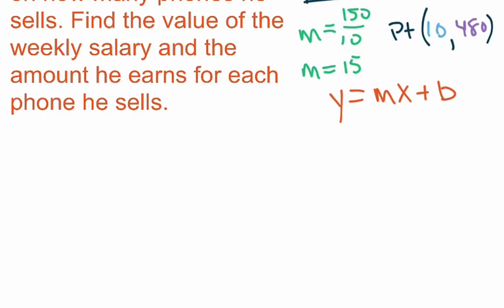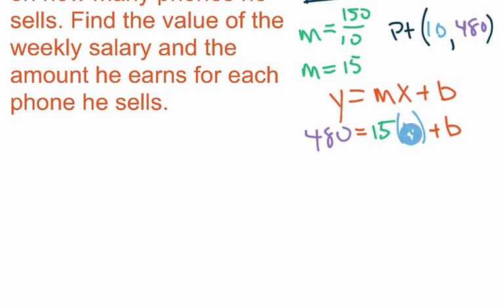So in place of y, we're going to use 480. Bring down the equal sign. In place of m, we're going to use 15. In place of x, we're going to use 10. And then bring down the plus b. So 480 is equal to 15 times 10 plus b.